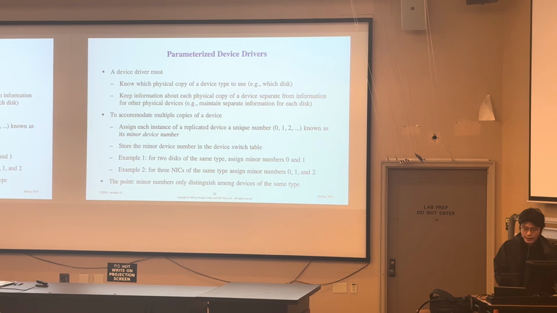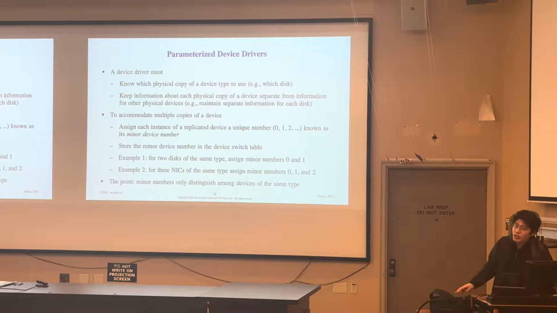In Xinu, you assign each instance of a replicating device a unique number: disk 0, disk 1, disk 2. It is known as its minor device number, and you store the minor device number in the device switch table. For two disks, you have minor numbers 0 and 1. For network cards, you have numbers 0, 1, 2. These minor numbers only distinguish among devices of the same type.